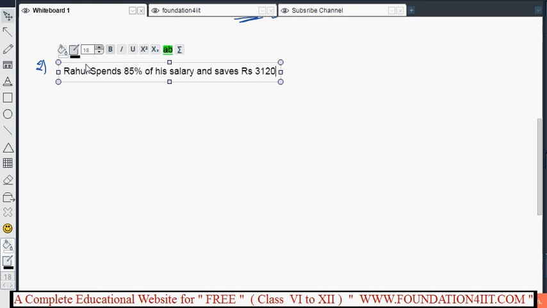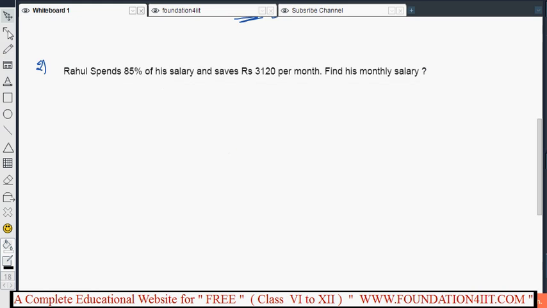He saves rupees 3120 per month. Find his monthly salary. Okay. Now the given information, if you observe, is spending 85% of his salary and saving only 3120. Now this saving amount is given and spending percentage is given.